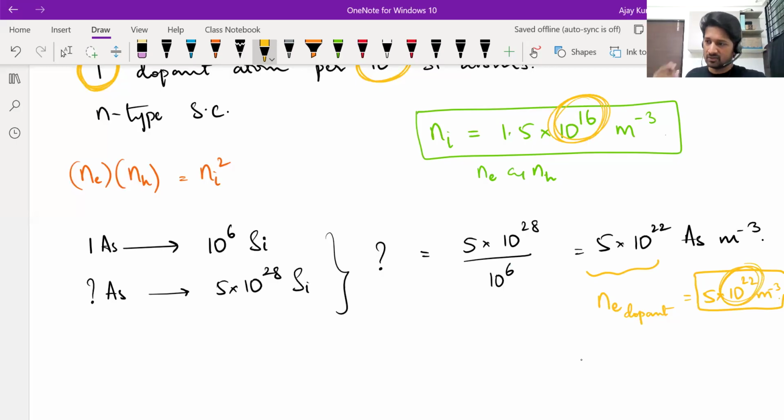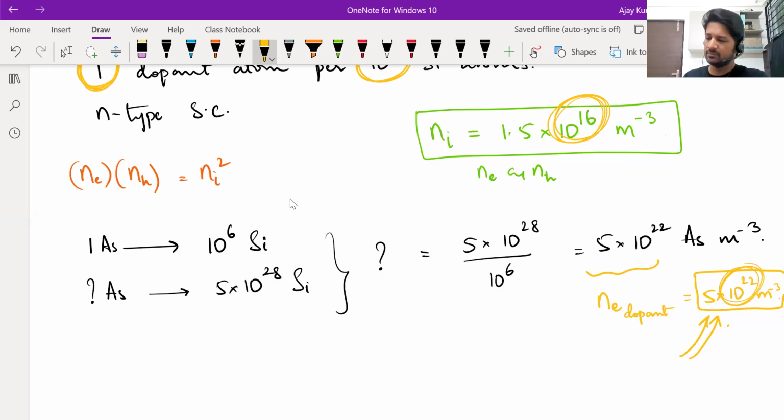So the final electron concentration after doping will be almost equal to that of the dopant itself. Actually, silicon's existing conduction electrons and arsenic's new conduction electrons have to be clubbed together to get the total number of conduction electrons before filling the holes.